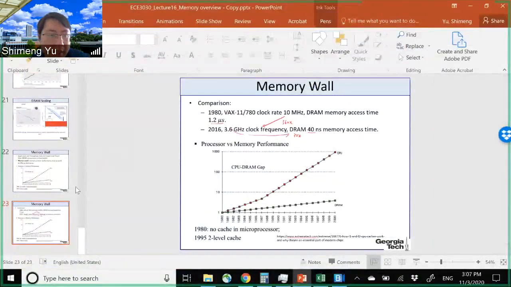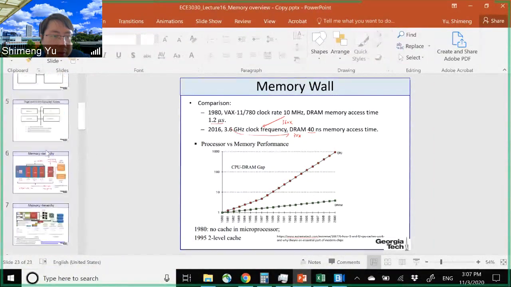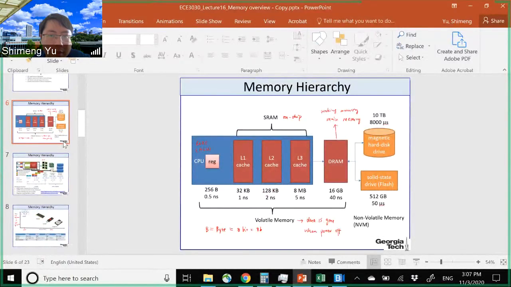Okay, so today is an overview of the memory subsystem, and I just want to emphasize a few key points. The first one is to understand the memory hierarchy: why we need different memory technologies, and why we need so many levels, because we have the trade-off between capacity and speed or access latency.